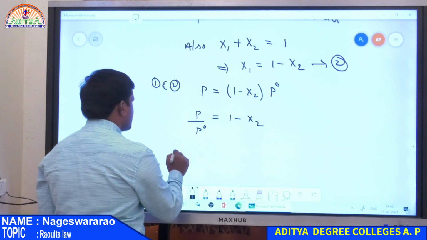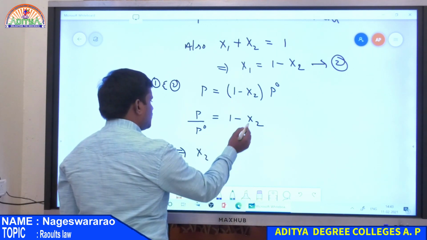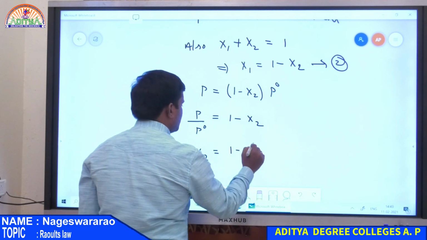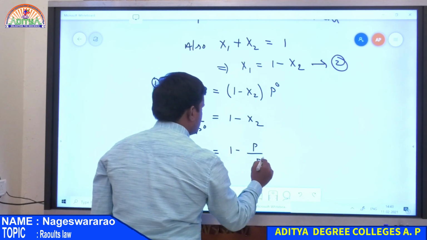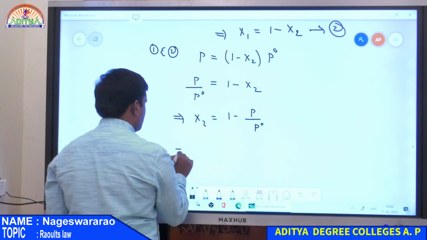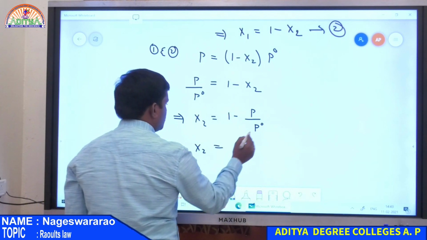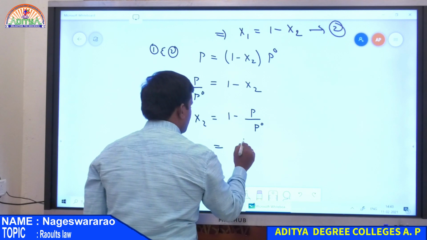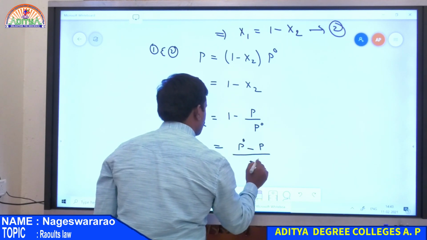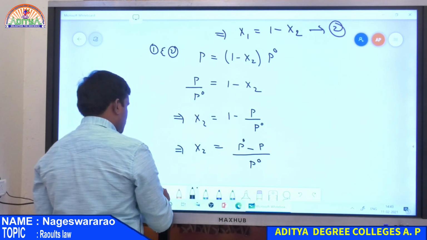Therefore x2 is equal to 1 minus P by P naught, which is equal to P naught minus P divided by P naught. That is equal to x2.